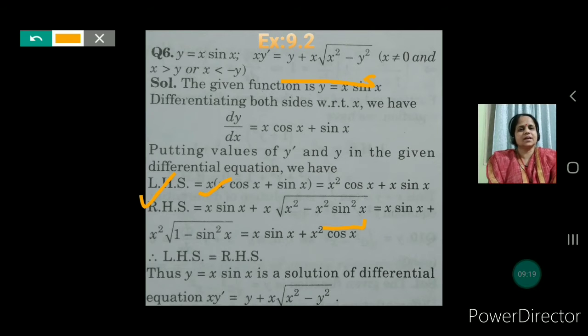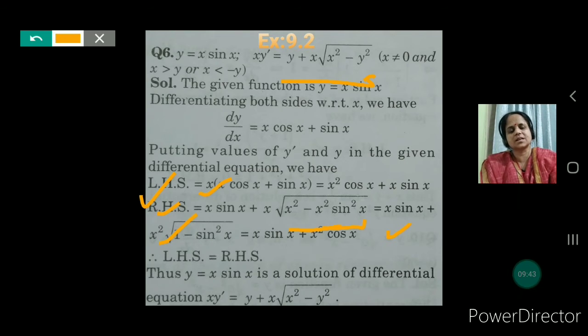So you will get here x sin x, then plus x, and from this take x square common, it would be x outside of the under root. So you will get x square under root 1 minus sin square x. 1 minus sin square is cos square x, so it becomes x sin x plus x square cos x.